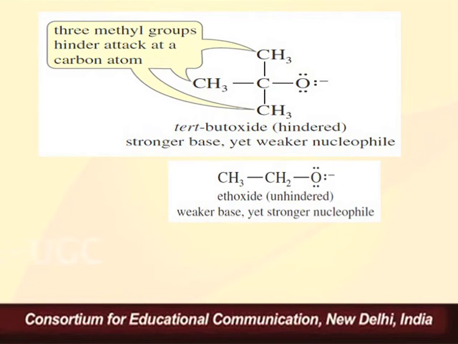It will act as a strong base, because these three methyl groups, because of their plus I effect, increase the negative charge on oxygen, so it can react easily with a proton. But when it has to approach an sp3 hybridized carbon atom, these three bulky methyl groups offer steric hindrance, and it will not be able to access that carbon.